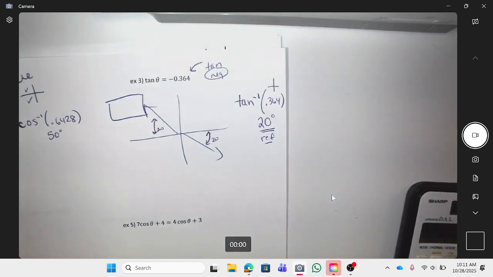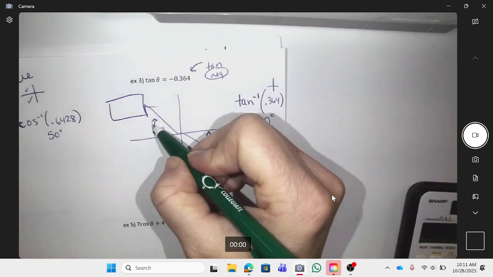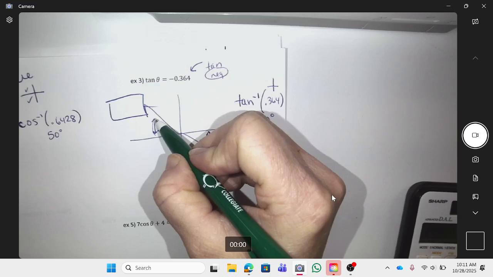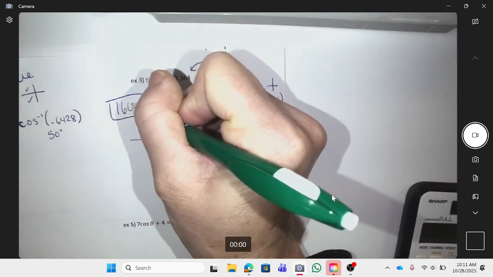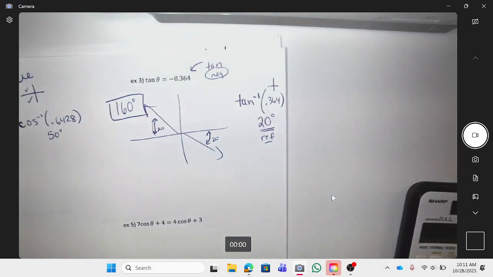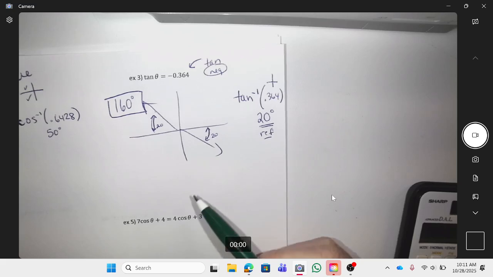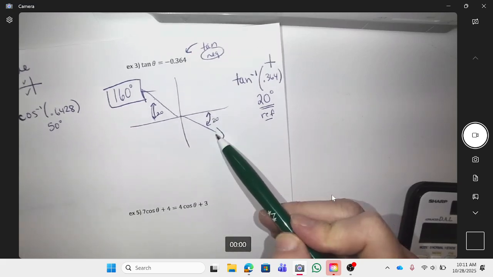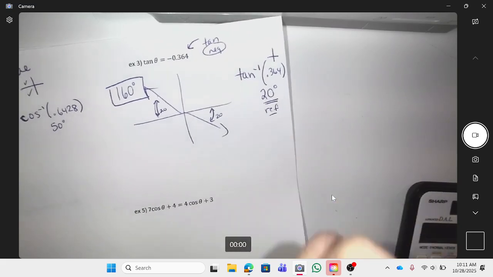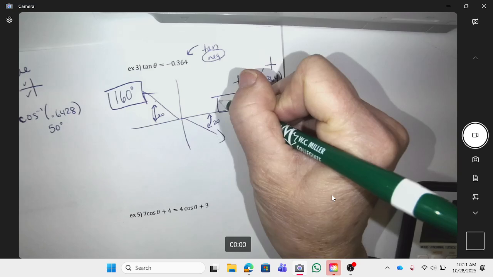So the math work there would be I'm less than the 180 line, so 180 minus makes 160. And over here I can see the location is below 360. I'm a little bit below 360, so 360 minus.